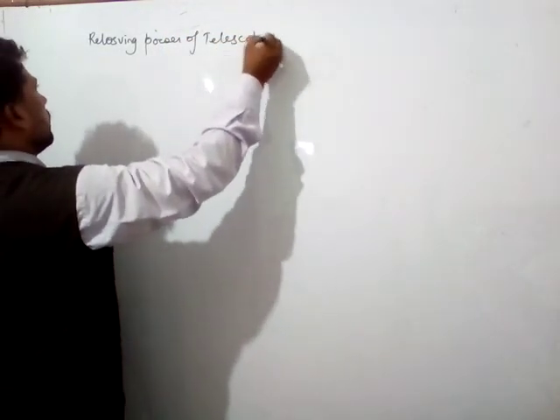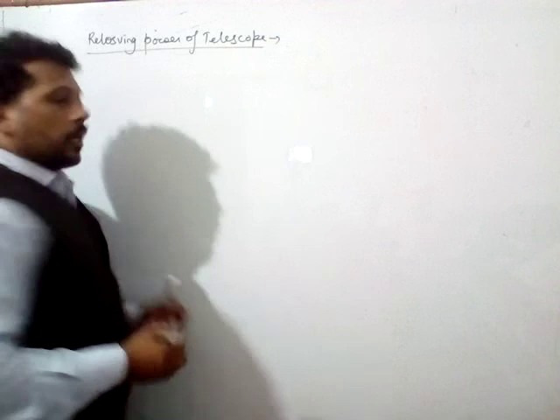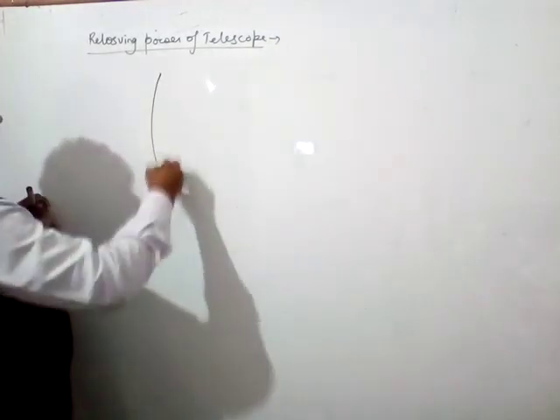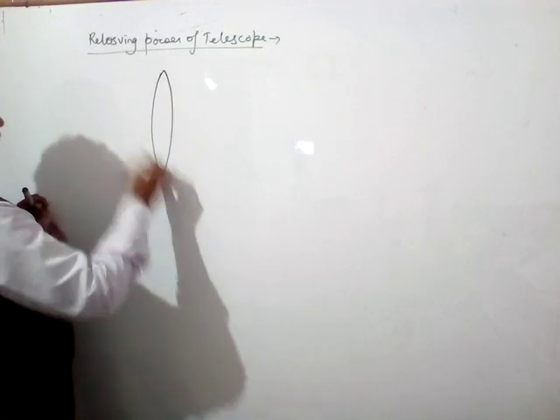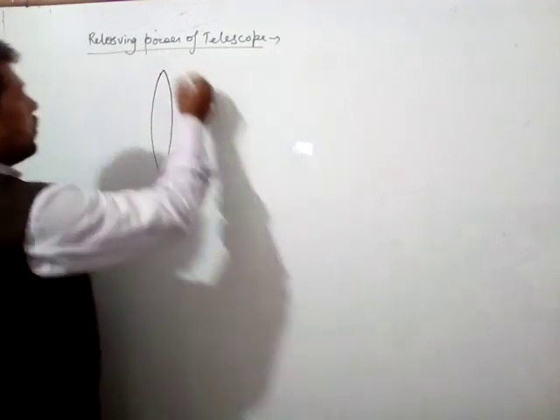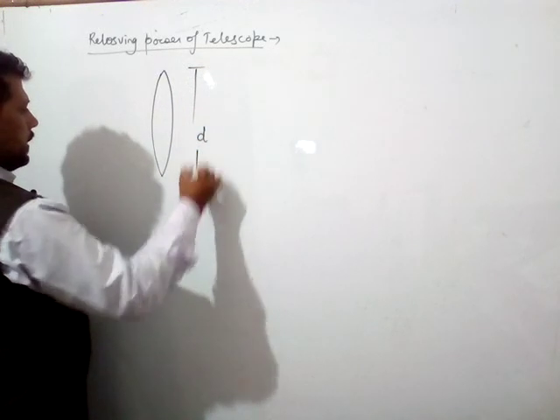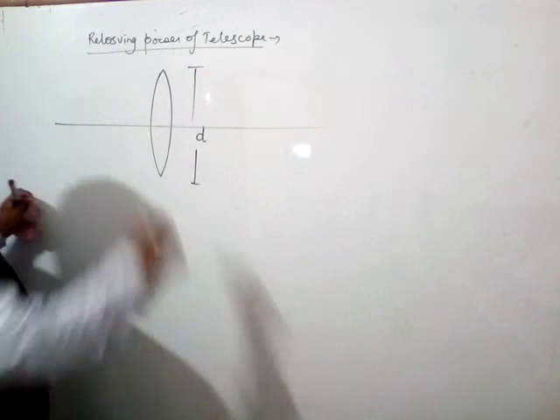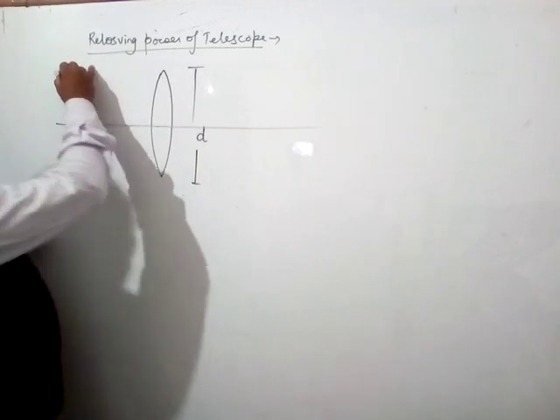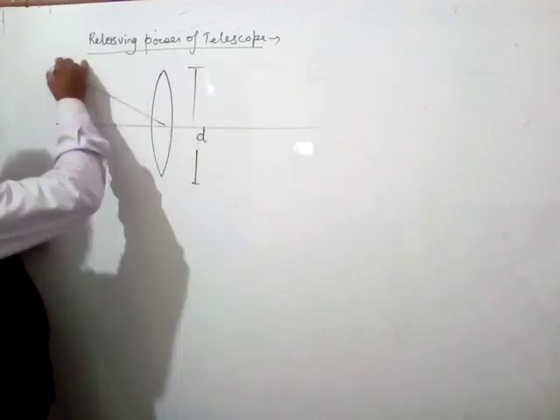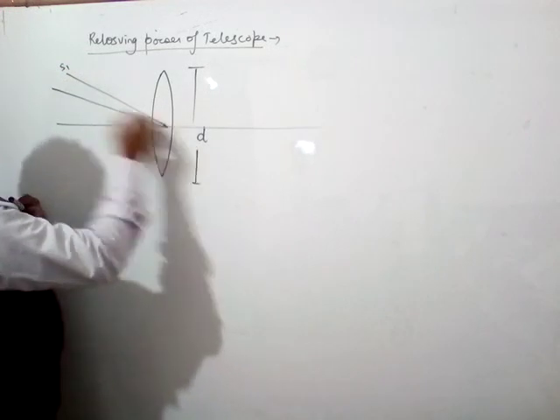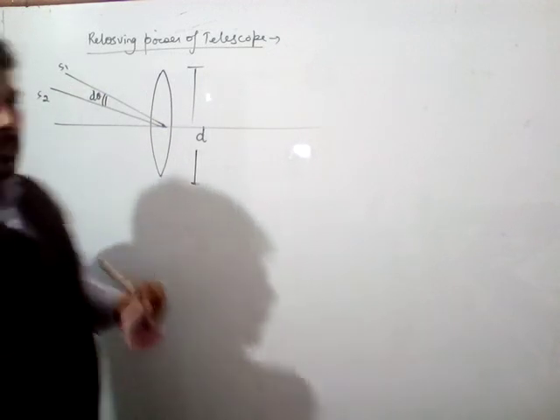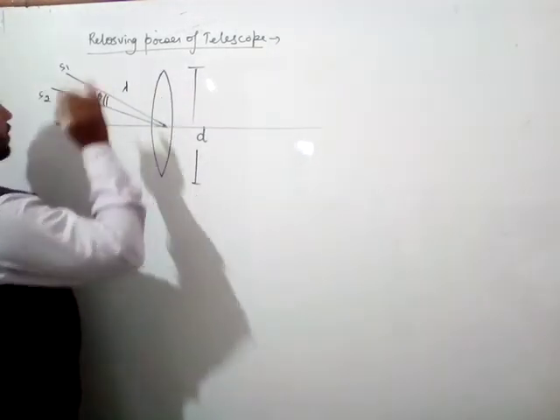Let me consider this is the convex lens of the telescope whose diameter is d, and we see two objects S1 and S2 whose gap is d theta, and the wavelength of the light is lambda.